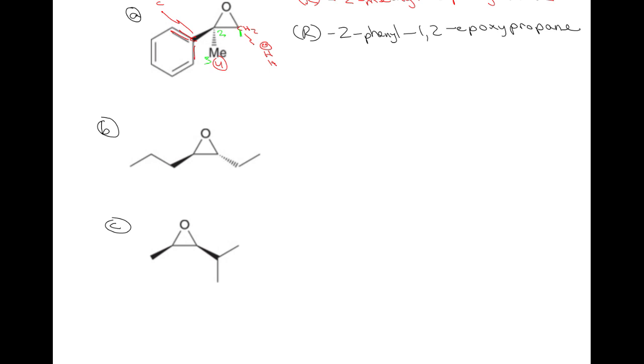So I need to assign the stereochemistry at carbon 2 and the stereochemistry at carbon 3, because I know that I'm going to have a 2-ethyl and a 3-propyl oxirane, like that. Okay, so if I want to assign the stereochemistry for carbon 2, let me get the red pen out here. So the oxygen is obviously number 1.